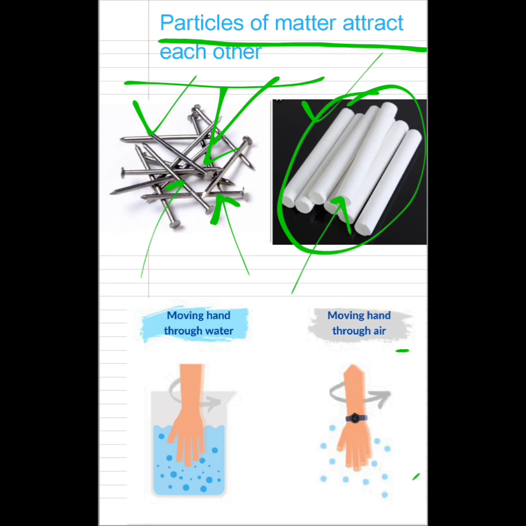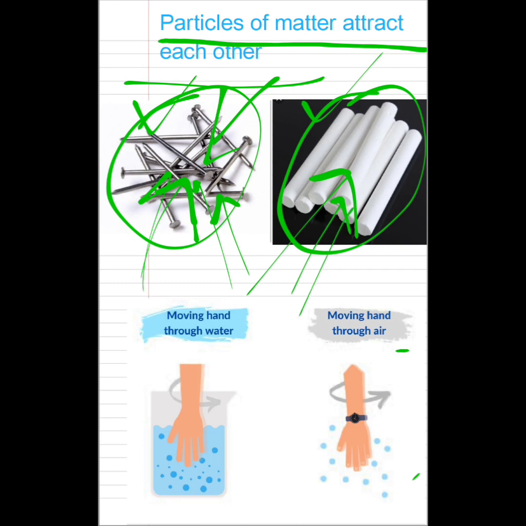So the particles of these nails are tightly held together compared to the chalk. That's why hitting the hammer on these nails one time will not break them. But in case of chalk, it will easily break.